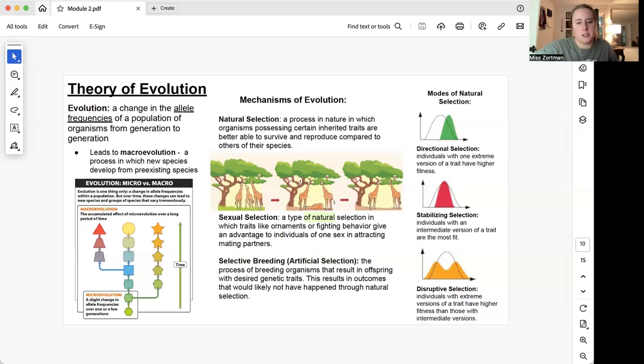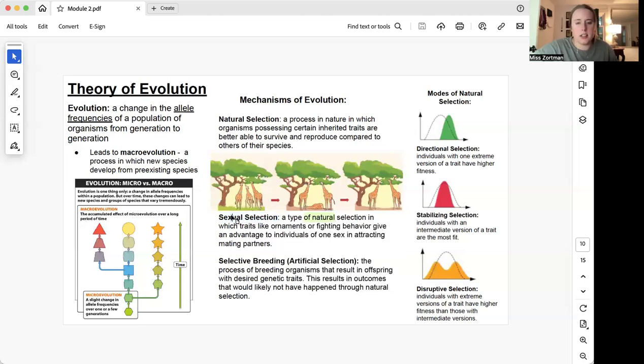This image is always so sad. Students always don't like this one. Okay, but there were apparently giraffes once upon a time that had shorter necks. Well, as the trees in the area were taller and they couldn't reach their food, all the ones with the shorter necks died off so that all giraffes had longer necks so that they could reach their food source.